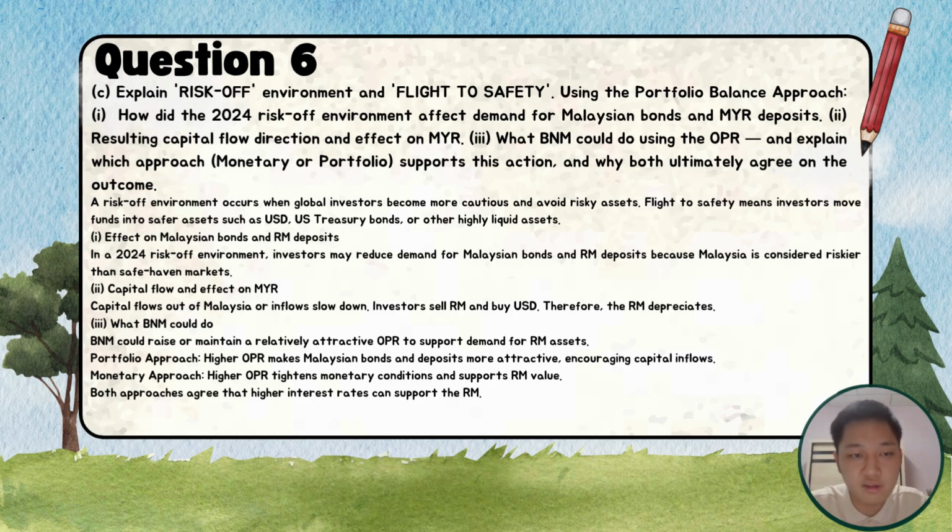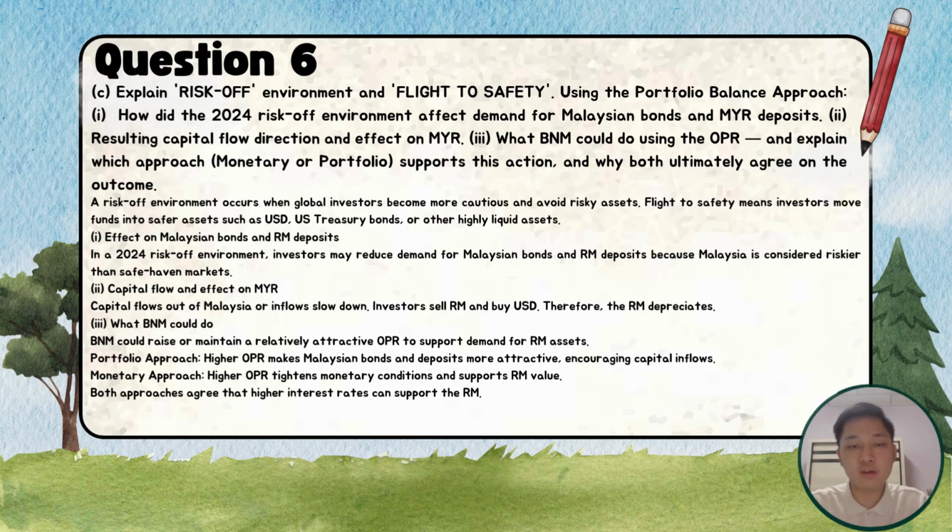For question 6C, a risk-off environment happens when global investors become more cautious and avoid risky assets. Flight to safety means investors move their funds into safer assets, such as US Treasury bonds, USD deposits, or other highly liquid assets.